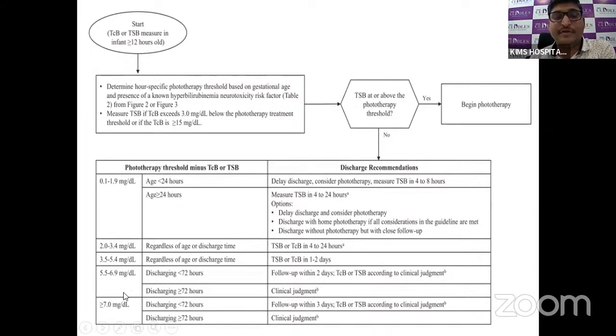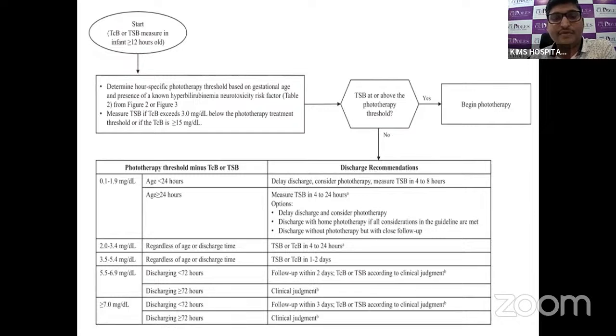If it is more than 7 milligram per deciliter away from the phototherapy threshold, then call within 3 days. If the child is discharged after 1 week or 2 weeks, then you routinely look for other causes rather than bilirubin, because it is less likely to persist beyond 2 weeks.